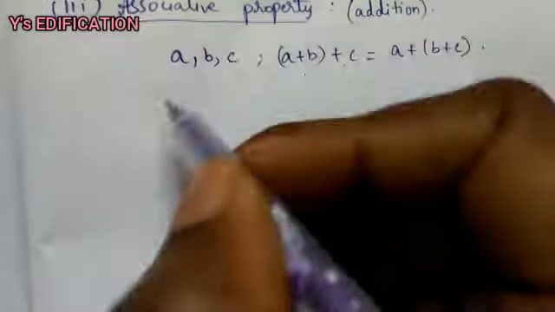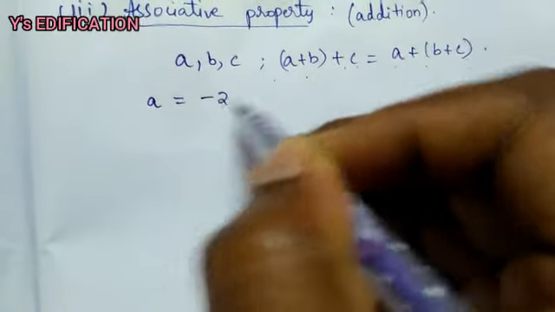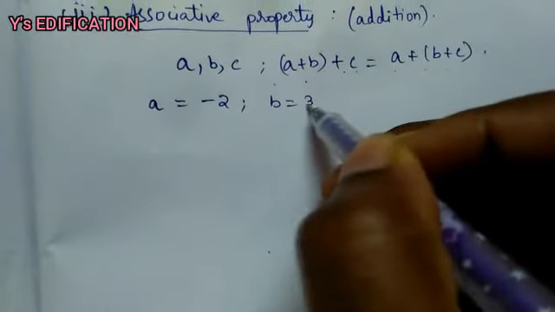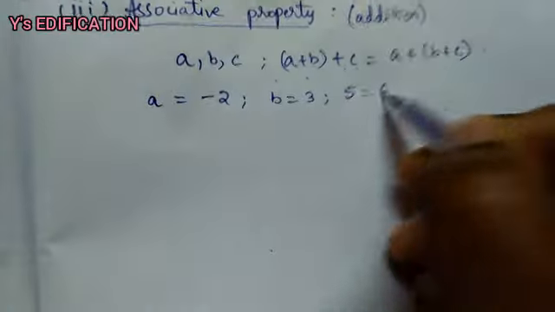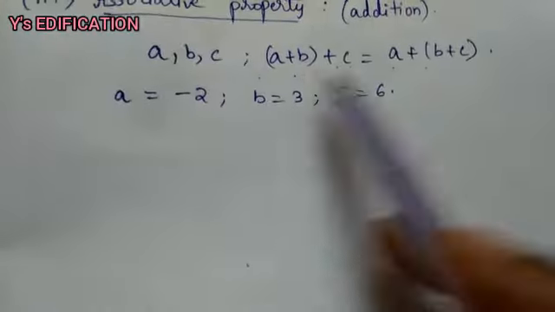Okay, if a is equal to minus 2, b is equal to 3, c is equal to 6, I am going to substitute these three values in this equation.